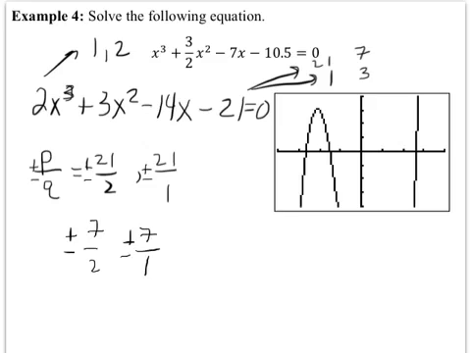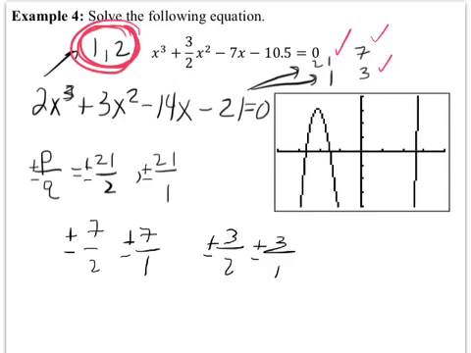After that, we could have 3 over 2, or 3 over 1. Again, what are we doing? We're going one at a time. 21 over either of these, 7 over either of these, 3 over either of these, and then finally 1 over either of these. And the 1 part is going to give me 1 over 2, or 1 over 1.